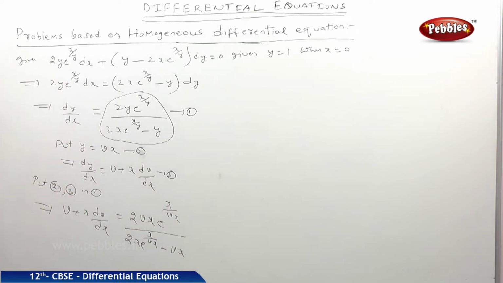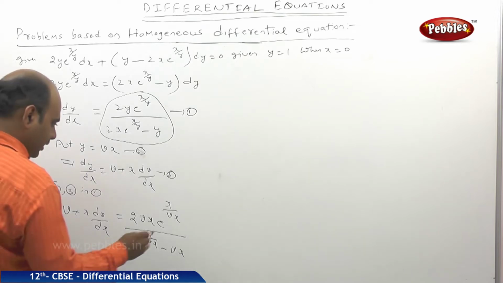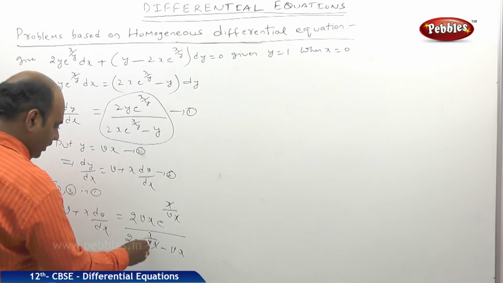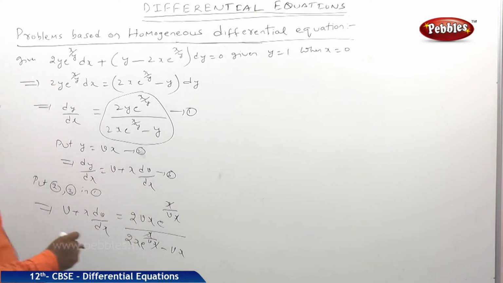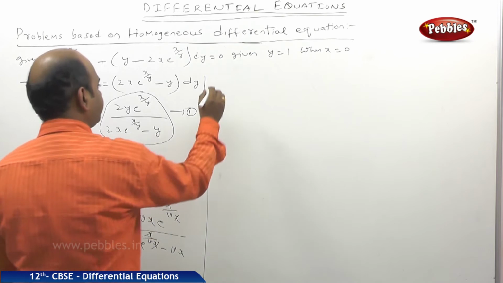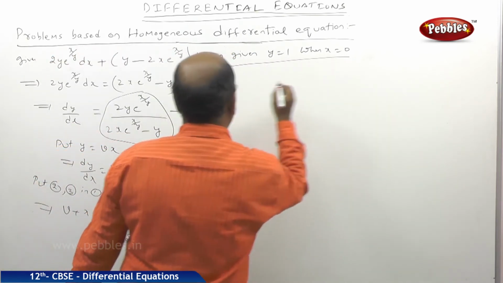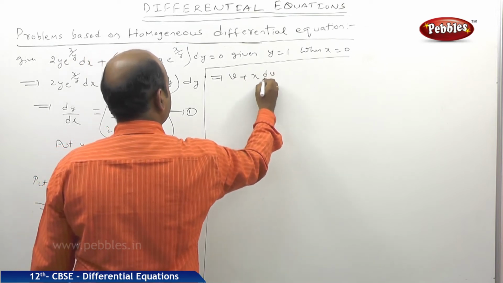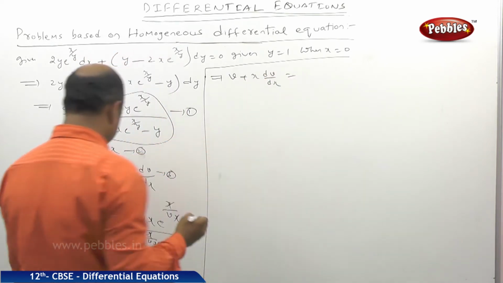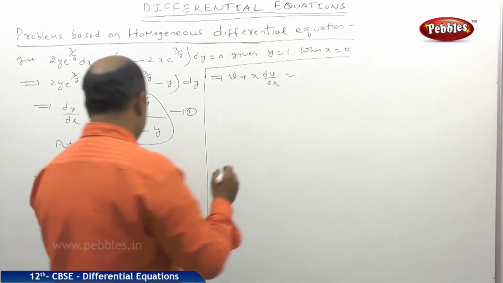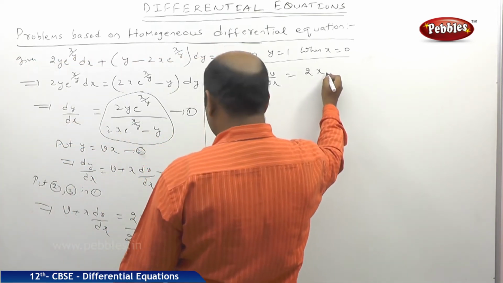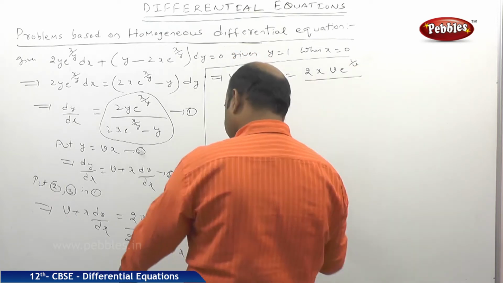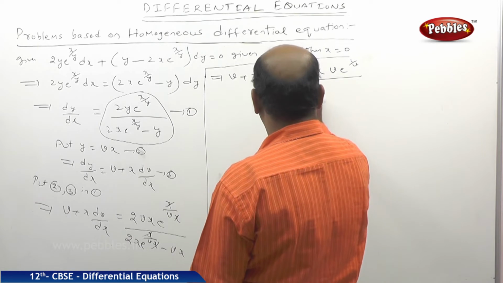Now we should be very careful in solving. I think here x will be getting cancelled, here also x will be getting cancelled. So finally what remains, v plus x into dv by dx is equal to, I think it goes like this, 2xv e power 1 by v, and here also I can take x common.